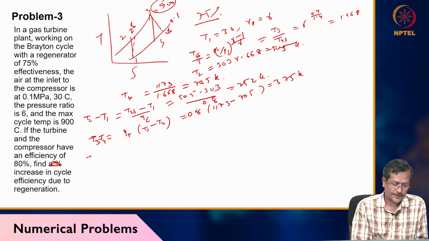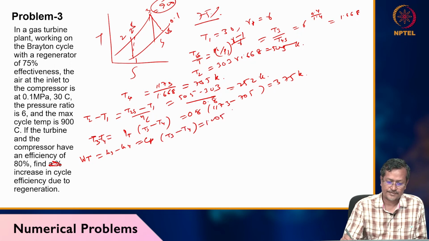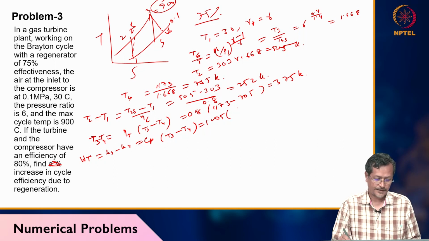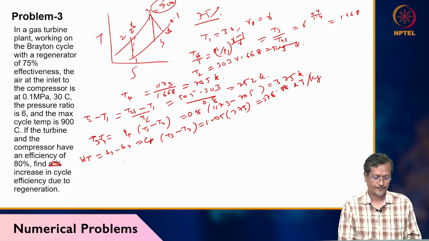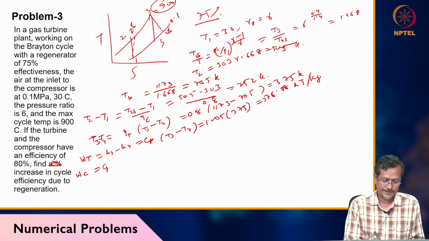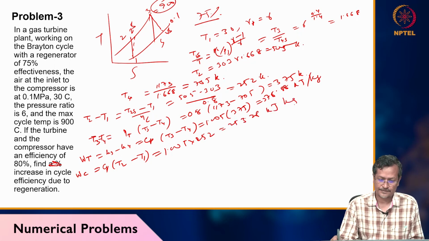Now Wt equals H3 minus H4 equals Cp into T3 minus T4, Cp value 1.005, T3 minus T4 is 375, equals 376.88 kJ per kg. So Wc equals Cp into T2 minus T1, 1.005 into 252, 253.26 kJ per kg.